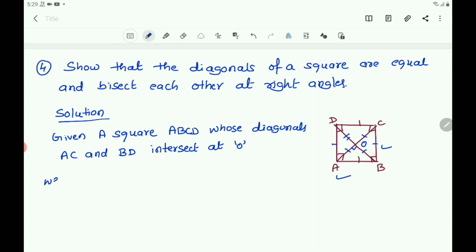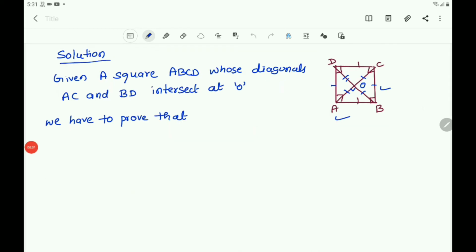We have to prove that AC equals BD, diagonals are equal. That is, AC is equal to BD must be proved.